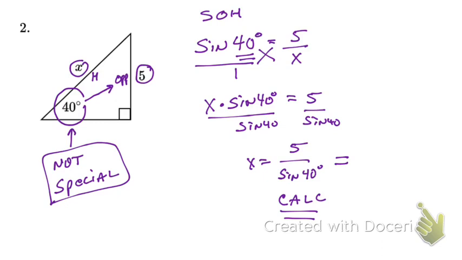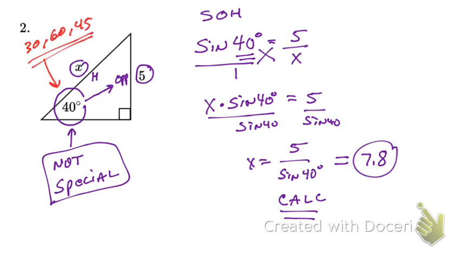And we would get approximately 7.8. Okay, so you got to recognize your angle, what kind of an angle you're dealing with. Is it a special angle, which means simply is it a 30, a 60, or a 45? Then use your triangles if it is. If it's not, then you go old school like this one. Okay.